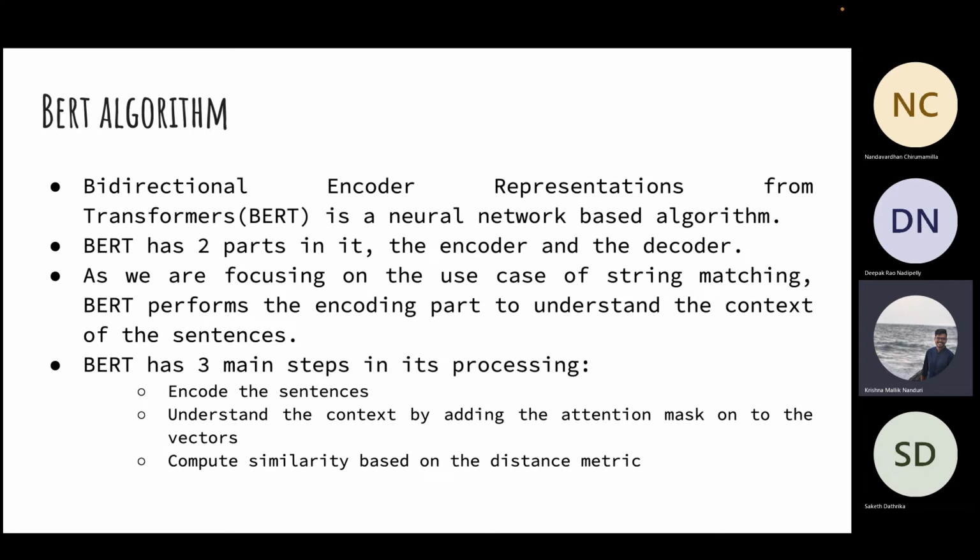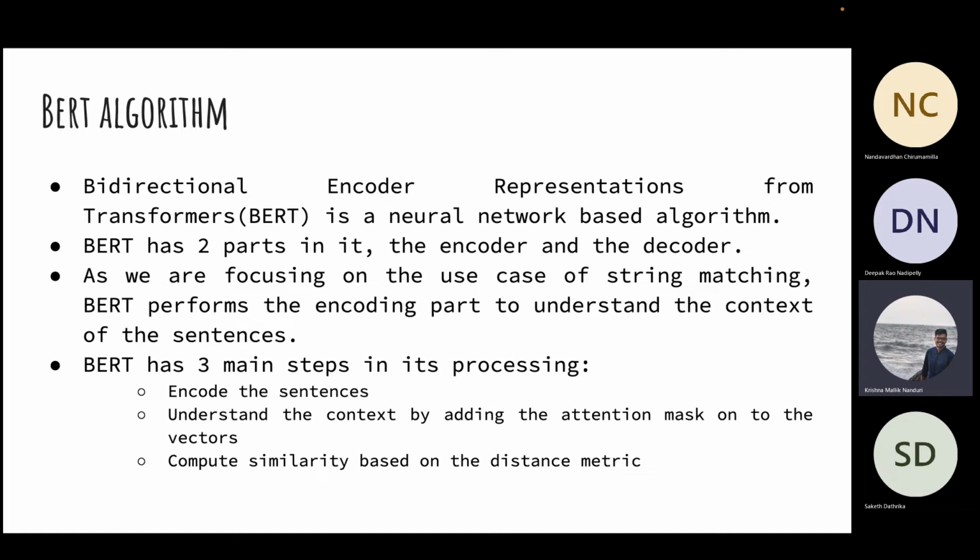As you can see here, BERT has three main steps in its processing: encoding the sentence, understanding the context by adding the attention mask to the vectors, and then computing similarity based on a distance metric. The encoding of sentences develops dense vectors, which are then processed towards the attention mask area, where attention is added to the encoder output.